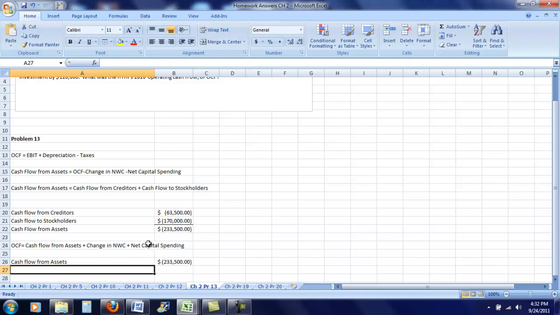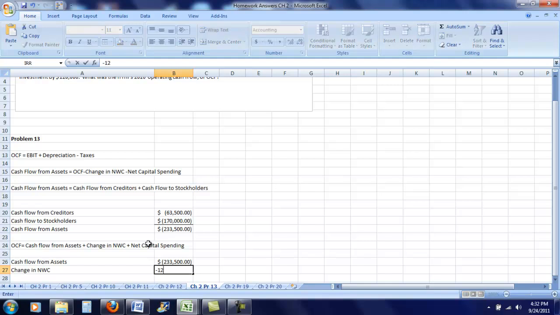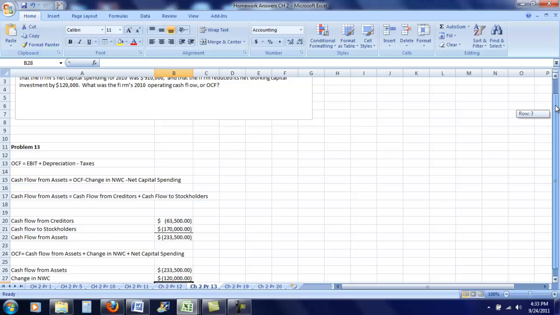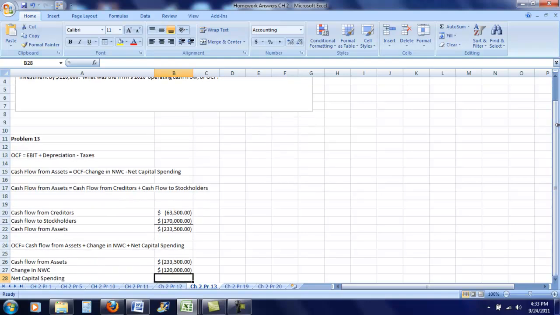Then I have change in net working capital, which was given in the problem, as minus, because it's a reduction, minus $120,000. And then my net capital spending, given in the problem, was $910,000.